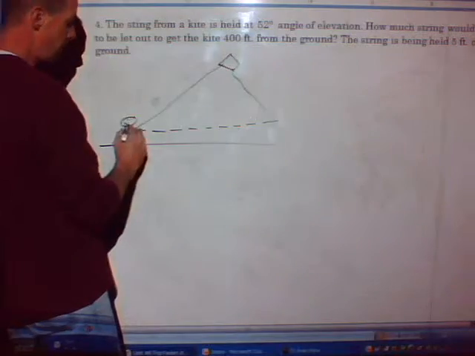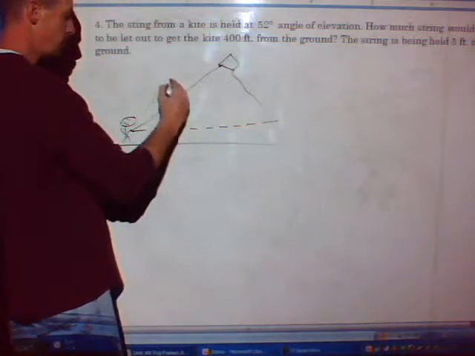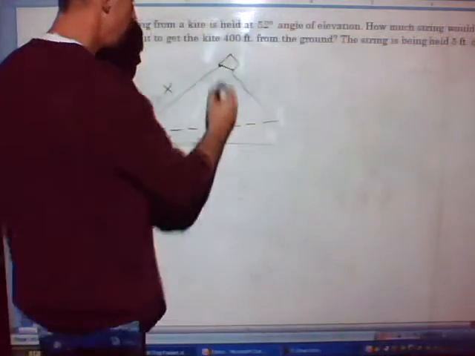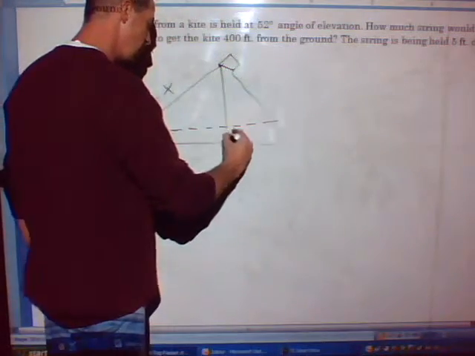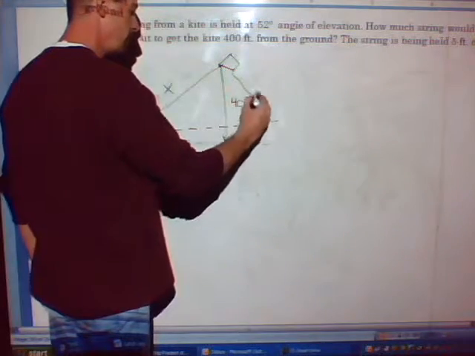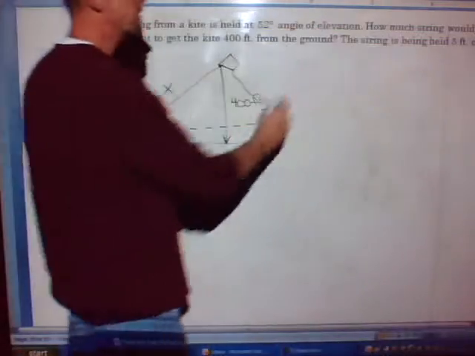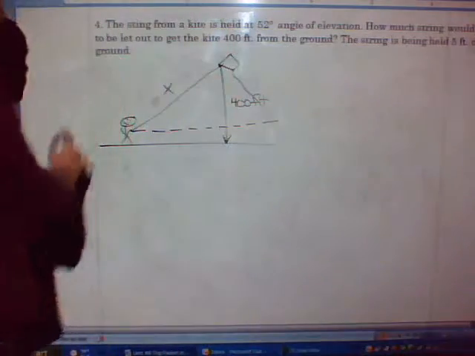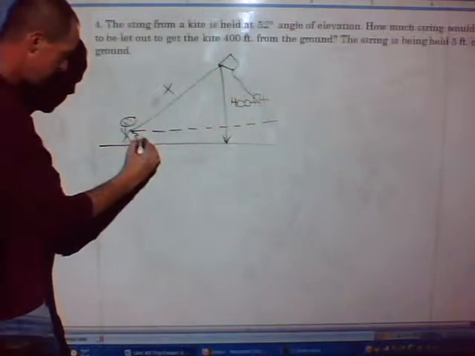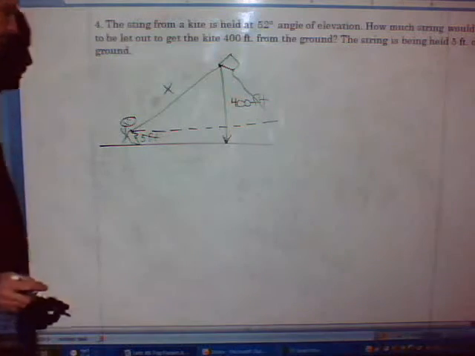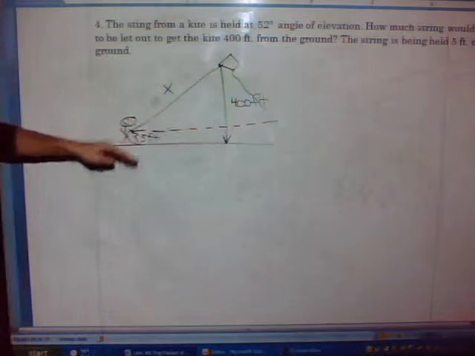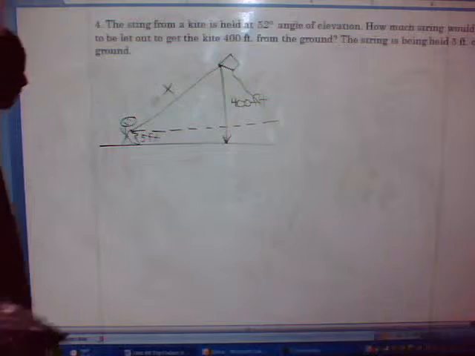So how much string would you need to let out? We want to know how far it is from here to here, how much string, we'll call that X, to get the kite 400 feet off the ground. So from here straight down to the ground would be 400 feet. Now, it says the string is being held 5 feet off the ground. So this imaginary line is 5 feet off the ground.